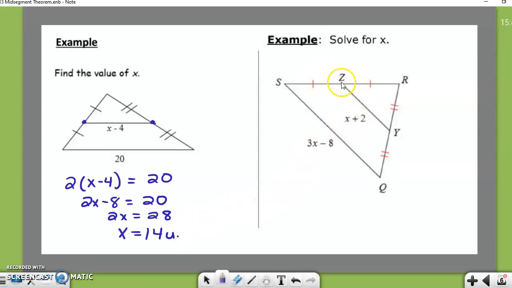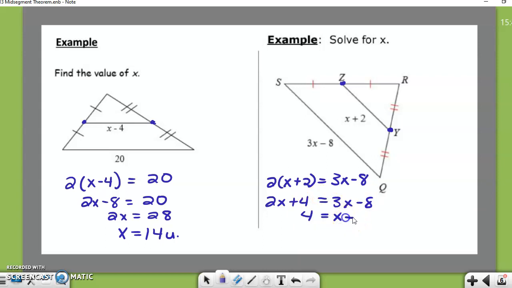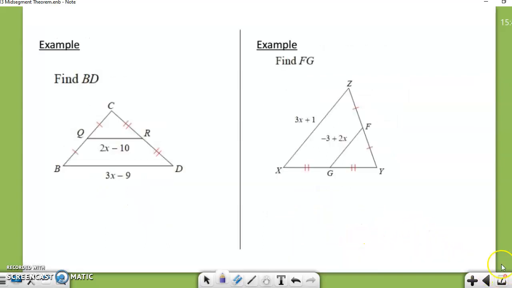Again, I'm looking at my notation. Here's the midpoint. This is a midpoint, making this a mid-segment. So 2 times my mid-segment is equal to the side that it's parallel to, the side it does not touch. Don't forget to distribute. I'm going to subtract 2x from both sides to keep my x's positive. And then add 8. And I have x.